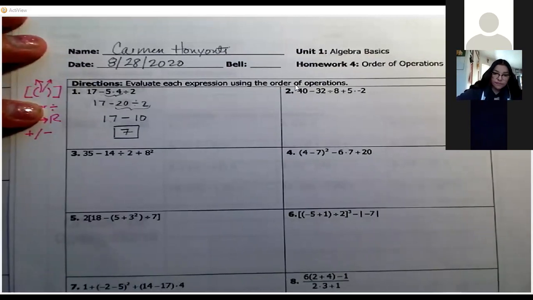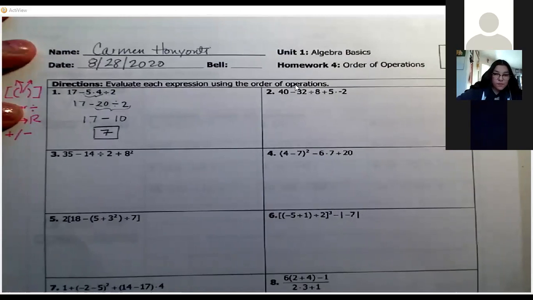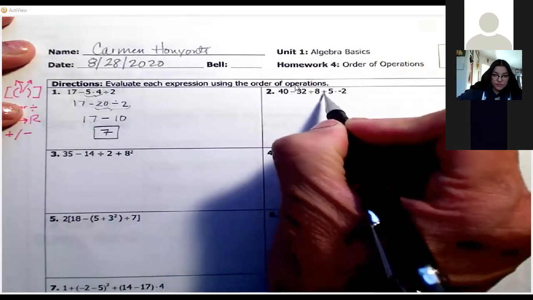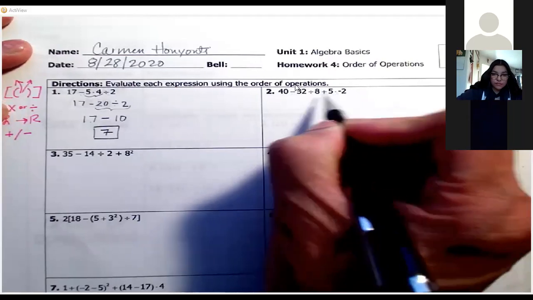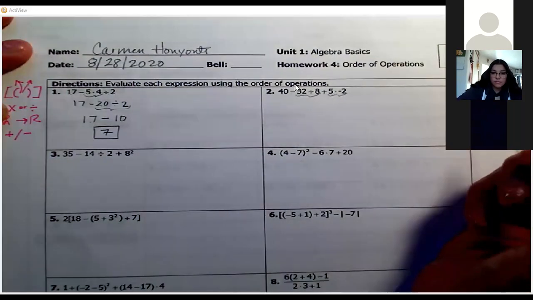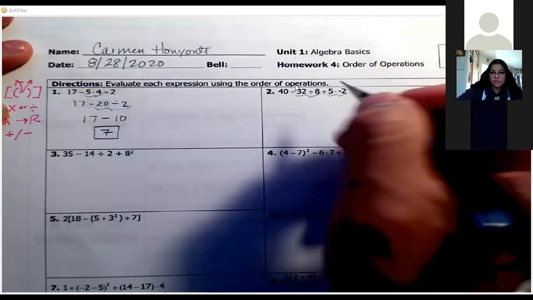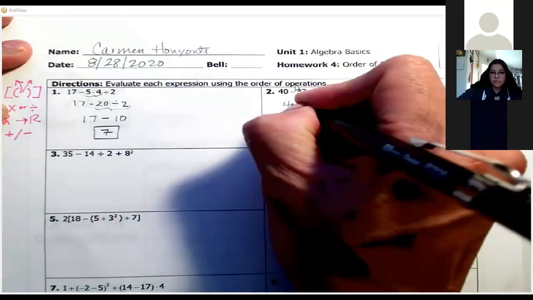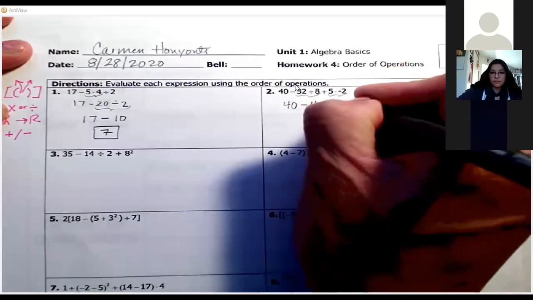Okay, are we ready to move on to number 2? Number 2 has subtraction, division, addition, and multiplication. So the first 2 we need to worry about are the division and the multiplication. So we always move from left to right. So we're going to take care of this situation first. So negative 32 divided by 8. 40 minus 4 plus 5 times negative 2.